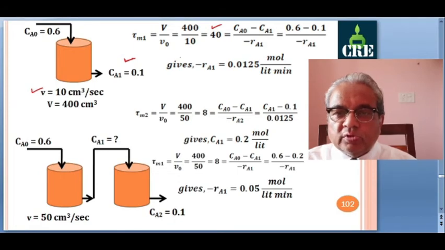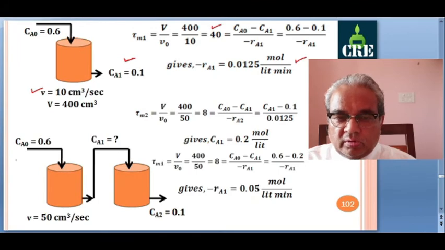So this is in seconds. So minus Ra1 is 0.6 minus 0.1 by 40, and then when expressed in moles per liter per minute, it is 0.0125.